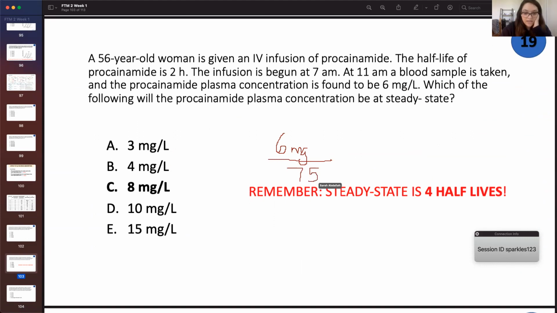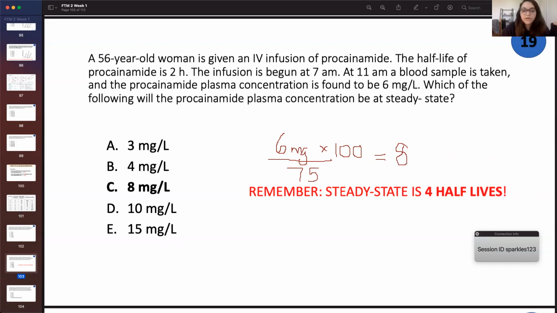Thank you for typing that in the chat. And then you're also going to multiply this by 100 because I want 100%. So I need to figure out what 100% of this is. And that should give you your 8 total.